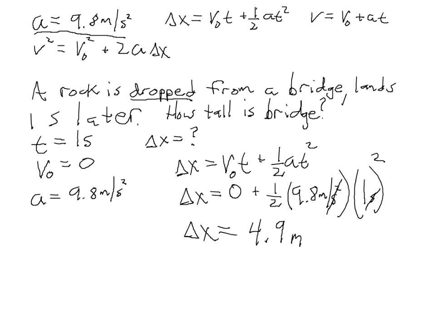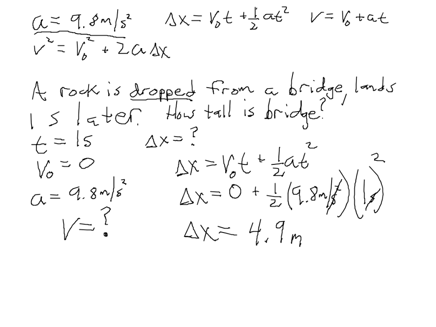Well, while we're at it, let's go ahead and find what is the speed of the rock just before it hits the ground. So we'll use the same initial information, but this time what we're looking for is v, just before it hits. This time we could use either the second or third kinematic equation. I'll go with the second one.